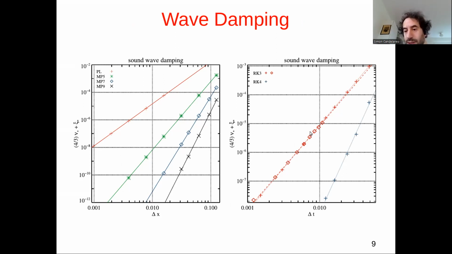They also show that there's a difference using different Runge-Kutta methods. Runge-Kutta 3 is more shallow than Runge-Kutta 4. It shows that the numerical damping, numerical viscosity, numerical resistivity goes down much quicker using high order Runge-Kutta methods, but also high order spatial derivatives.